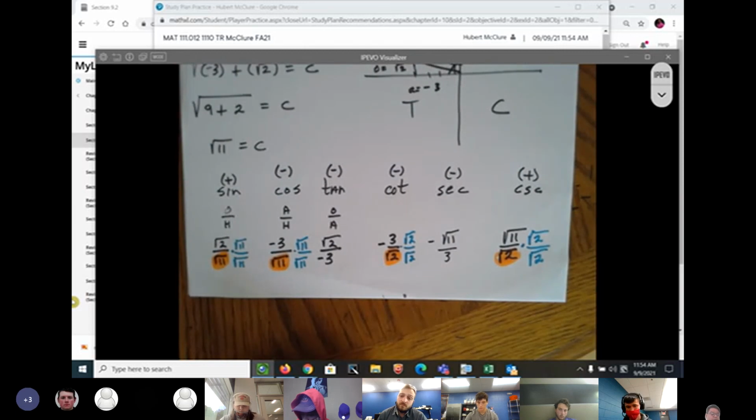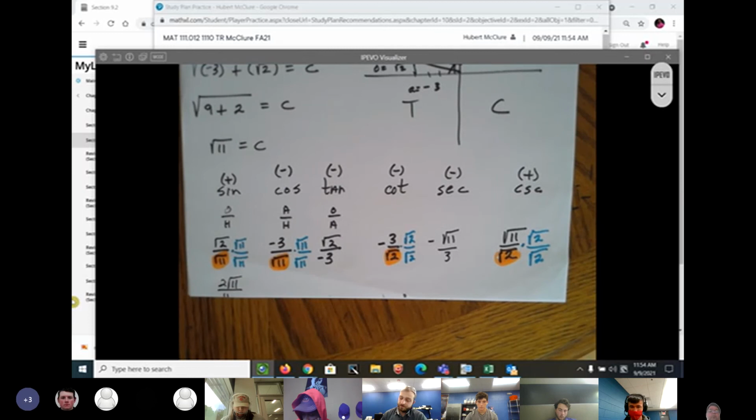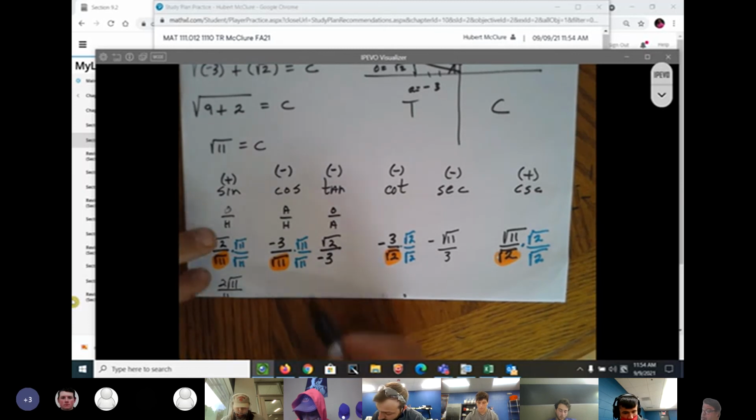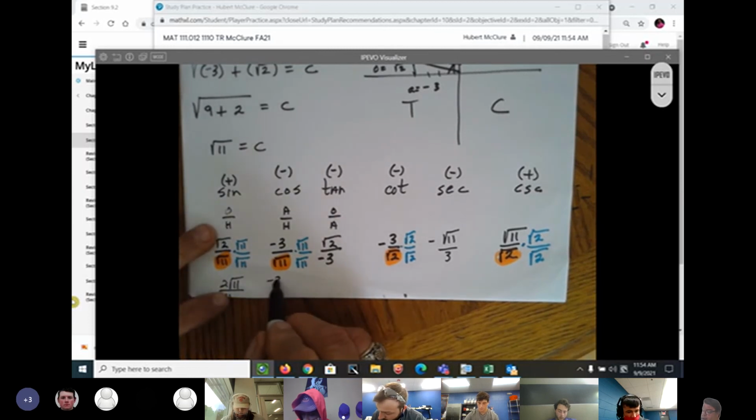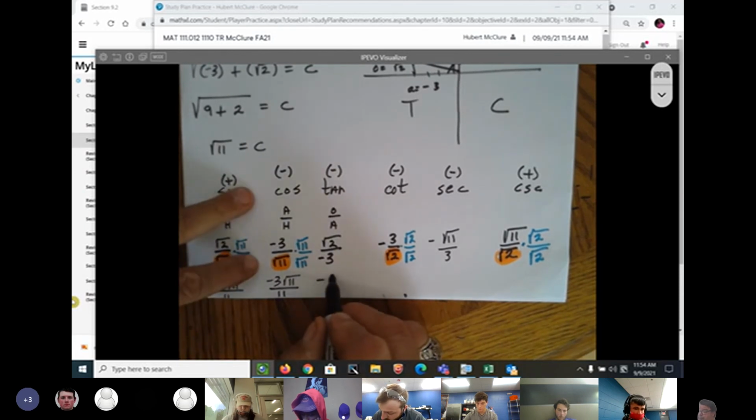And our final answers are, I'm going to write them in black, I guess. 2 square root of 11 over 11. Negative 3 square root of 11 over 11. Negative square root of 2 over 3.